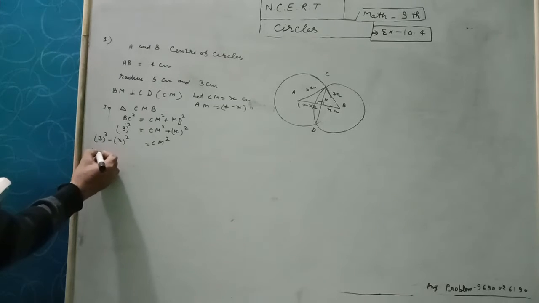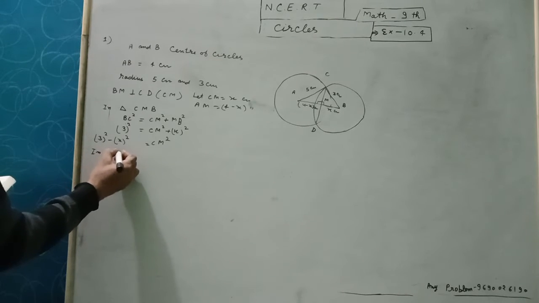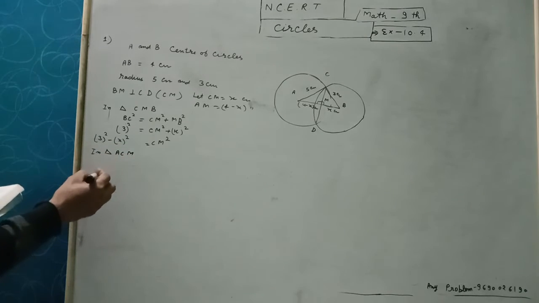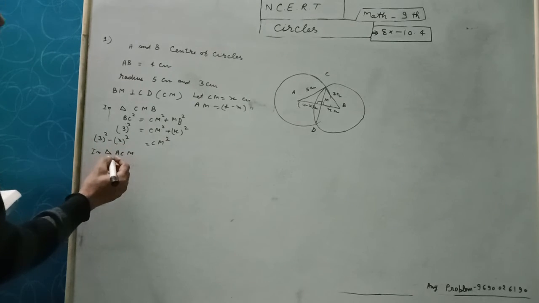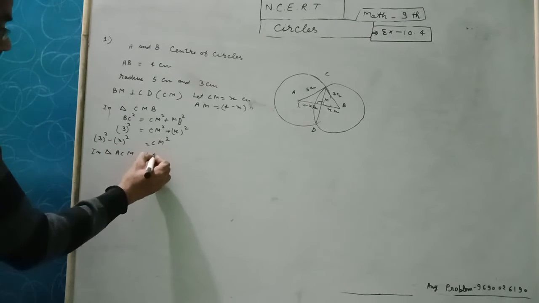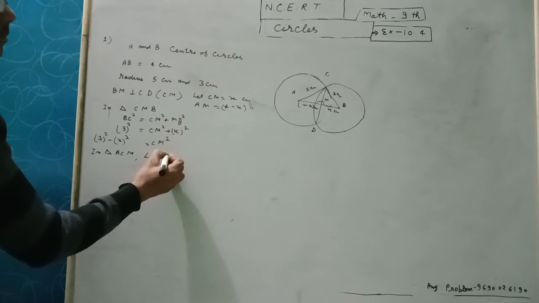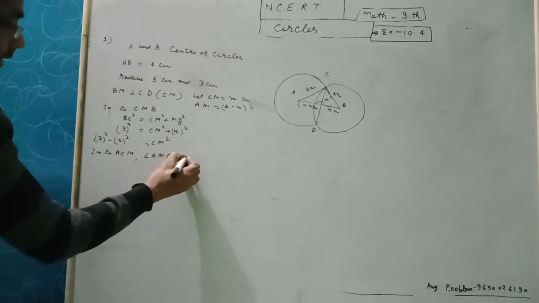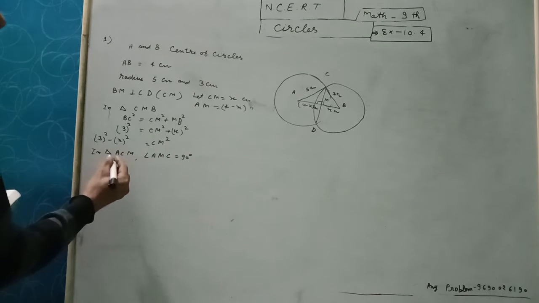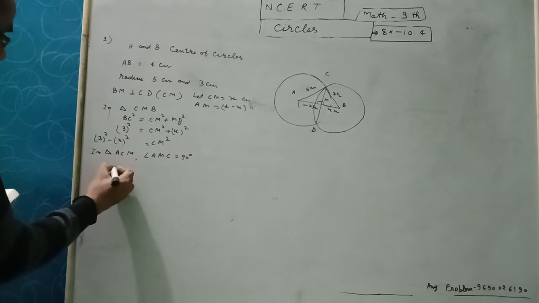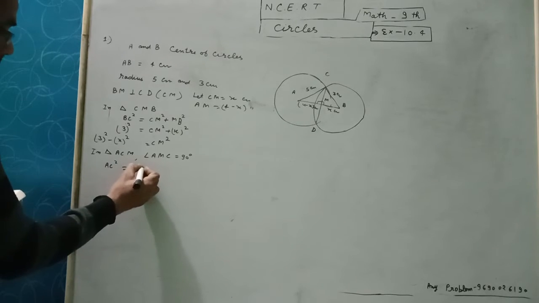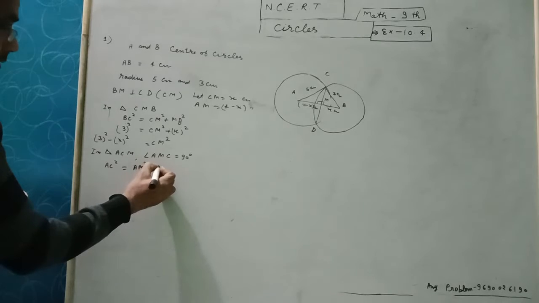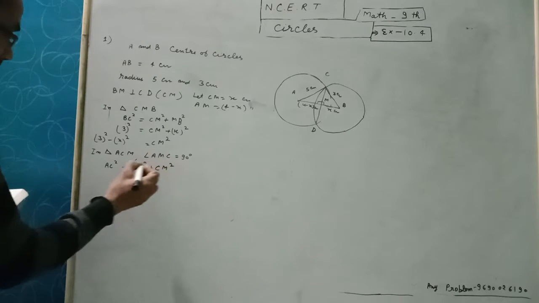Now in triangle ACM, angle AMC is equal to 90 degrees. AC is the hypotenuse, AM is the base, and CM is the perpendicular.